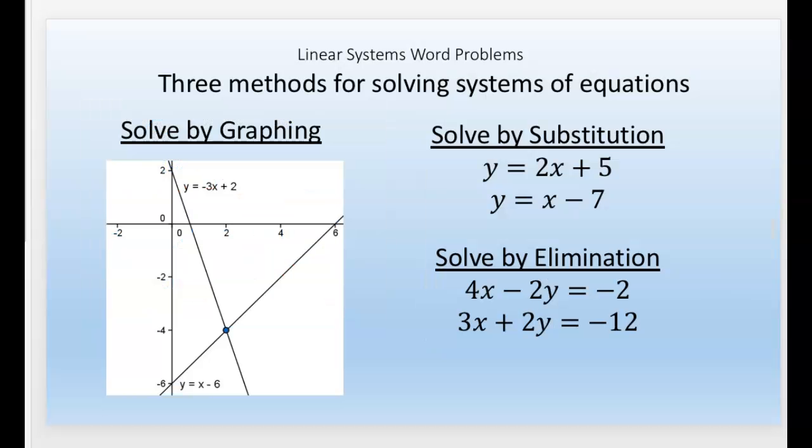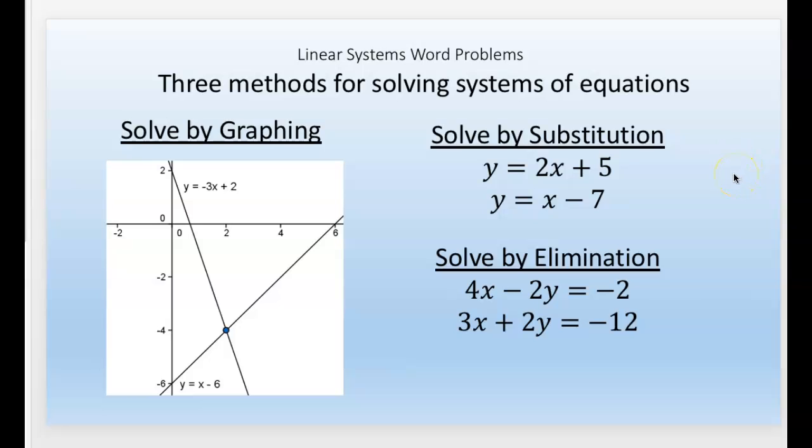Guys, just to review quick, there are three methods that we have covered so far on how to solve word problems. We can do it by graphing, where you graph the two lines and find out where they intersect. That's the solution, the point they have in common. Or we learned two ways to do it using algebra.